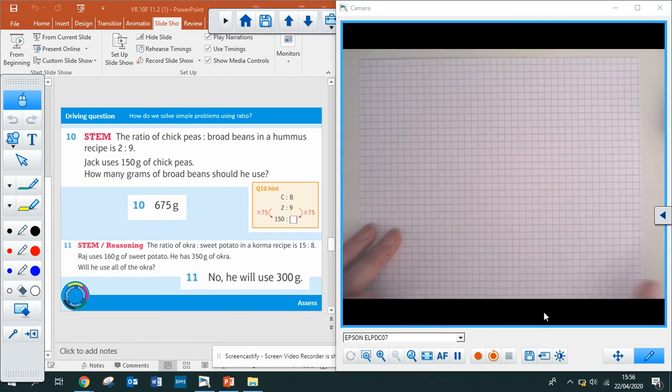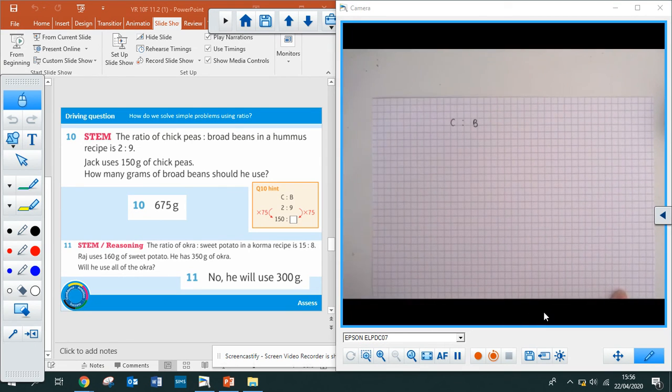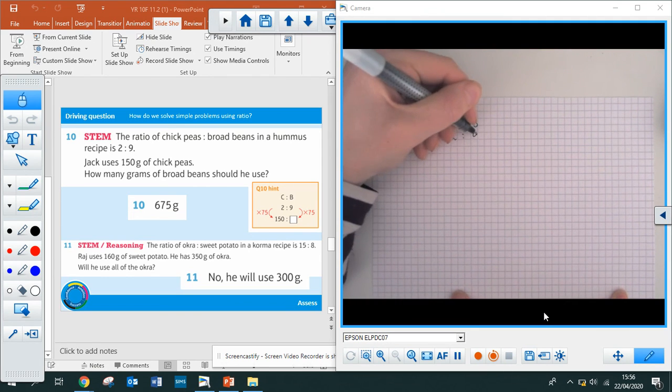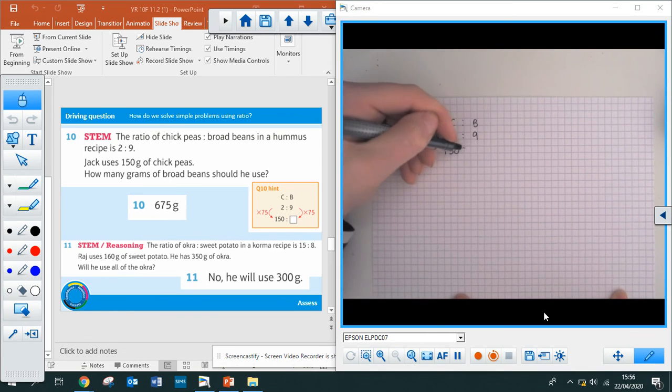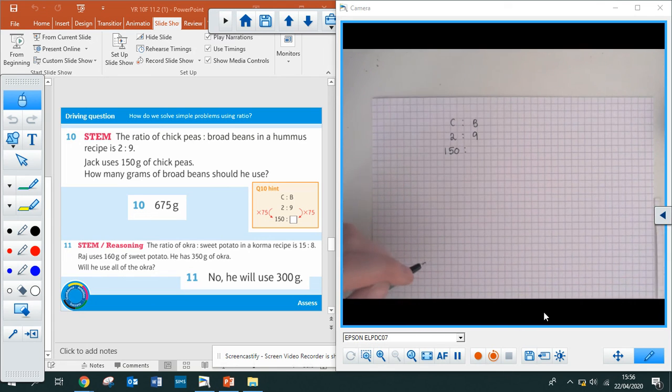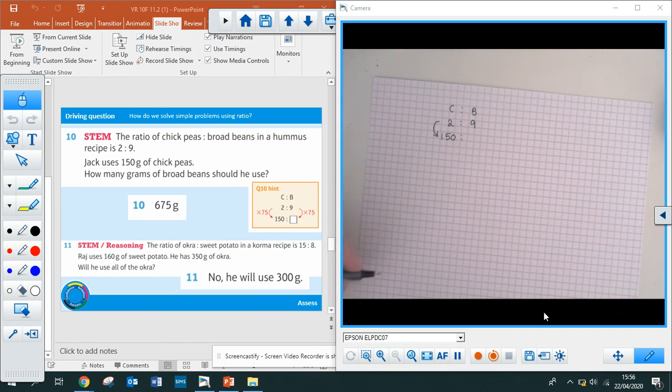So for question 10, it says the ratio of chickpeas to broad beans in hummus is 2:9. Jack uses 150 grams of chickpeas. So the chickpeas part, he uses 150. You need to work out, what did he do to get from 2 to 150?